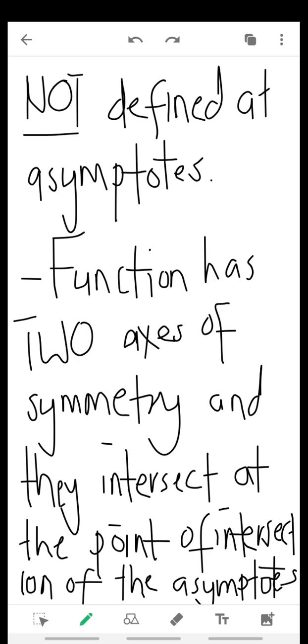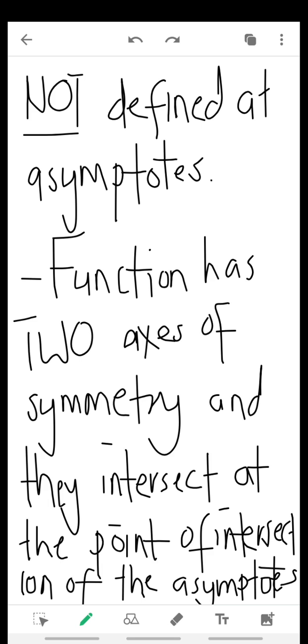And very important, since we said it will have two axes of symmetry, these axes of symmetry will intersect at the point of intersection of the asymptotes, meaning they will cross each other at the point where the asymptotes meet each other.